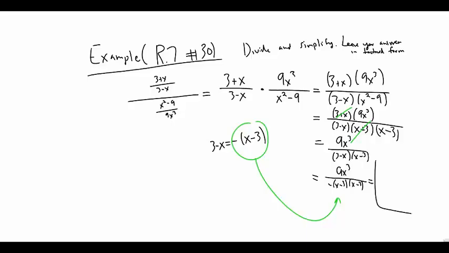And our final answer then needs to be in factored form. We keep it in factored form. Put the minus in front of the fraction. The numerator is 9x cubed. The denominator, x minus 3 quantity squared. That's our very final answer.